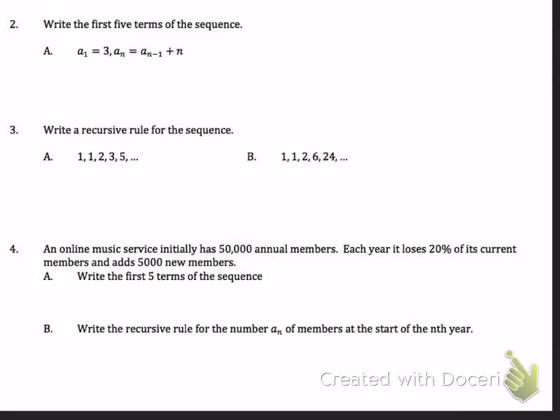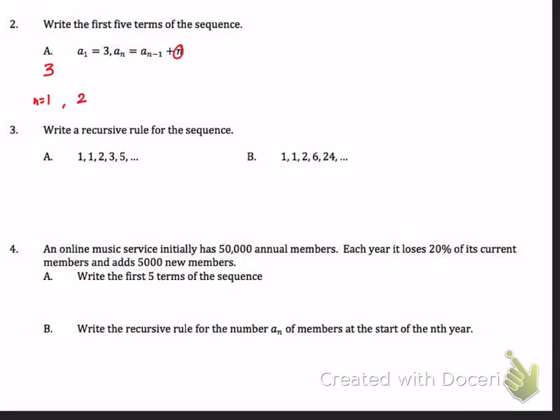Okay, for number 2, now I want to write the first 5 terms of the sequence. It gives me the first term, which is 3. This rule is a little bit different because you're taking the previous term and then you're adding n, where n is going to change with every single number. So this was a1, where n equals 1. The next one would be n equals 2.